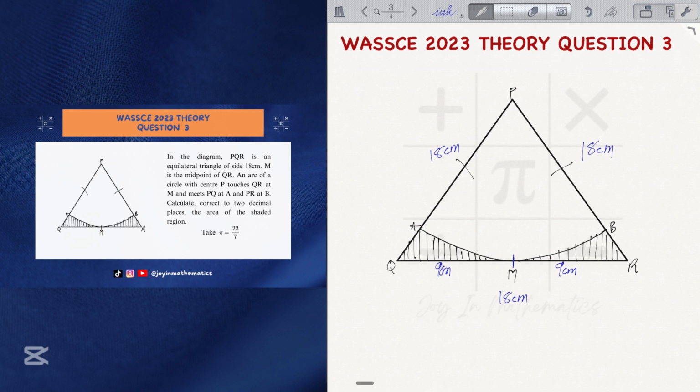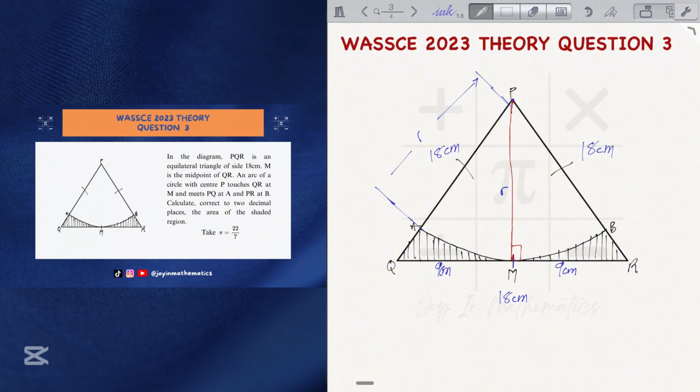Now, an arc of a circle with center P. So this is an arc with center P. It touches QR at M. So if we draw a perpendicular distance of the arc at center P, so it touches QR at M, so this base is perpendicular, then the arc itself will have a radius of R. So this will be radius R, and this length AP will also be radius R. Remember that radius R is not equal to 18 centimeters, please.